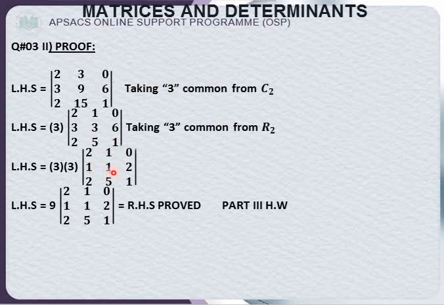So again I took the common, leaving 1, 1, 2, and what is outside the determinant is 3. This 3 is common from column 2, and this 3 is common from row 2. 3 times 3 is 9, and that is the right hand side that we have to prove.